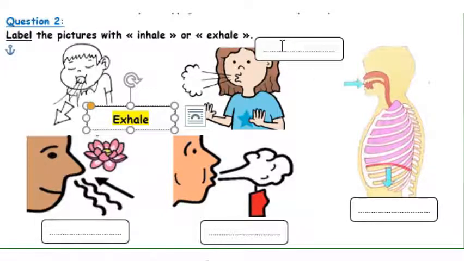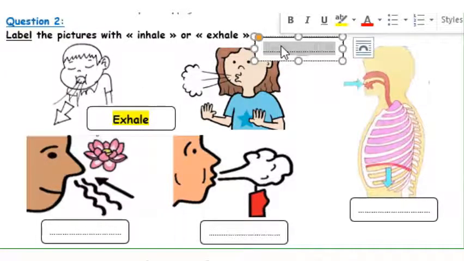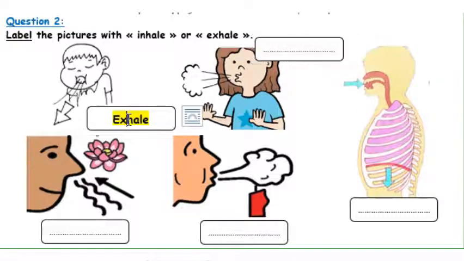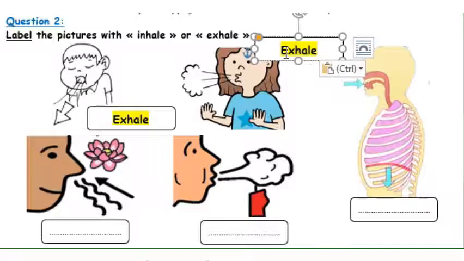What about the girl right here? The figure shows a girl blowing, right? She is breathing the air outside her body. So the girl here is also exhaling air.